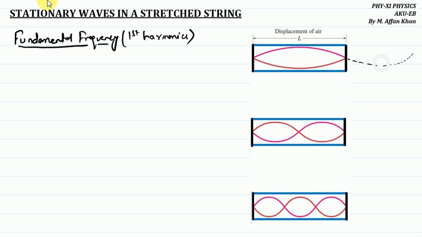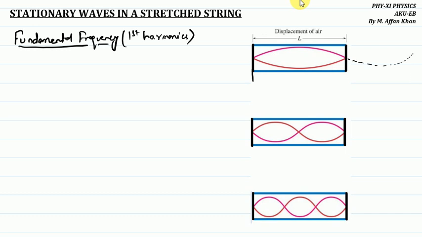This is basically one complete lambda, but since the length of the string is just L, and not this part which was just assumed, we can say this particular length is making half of a wavelength.